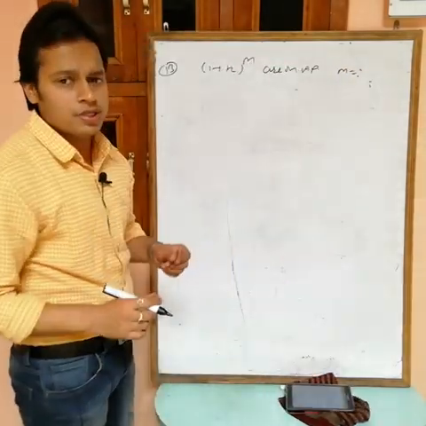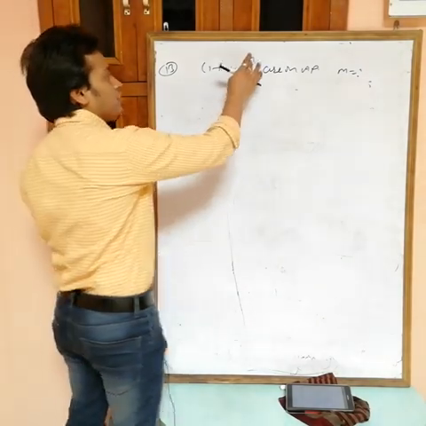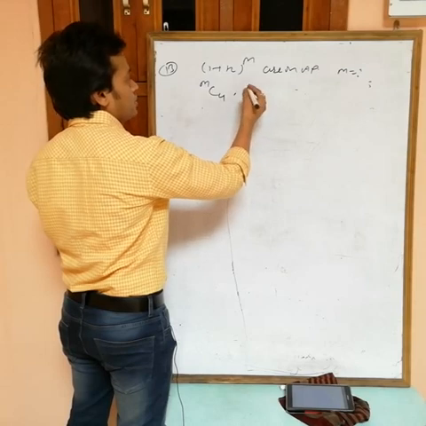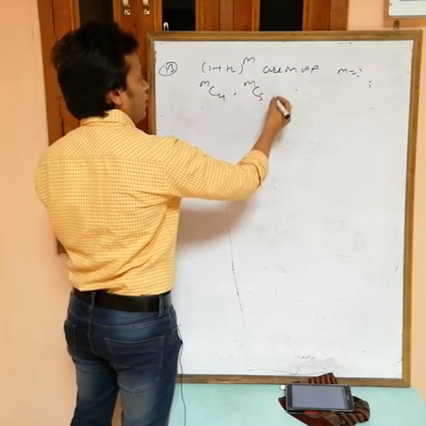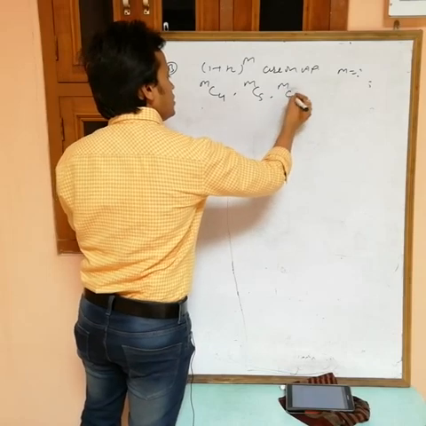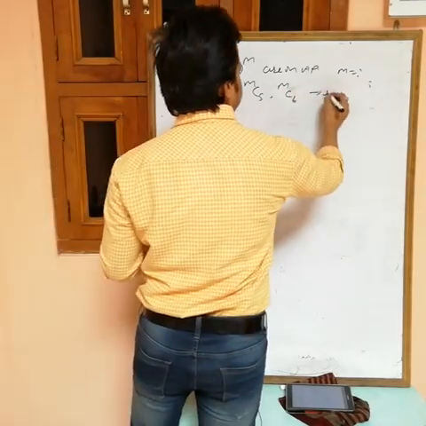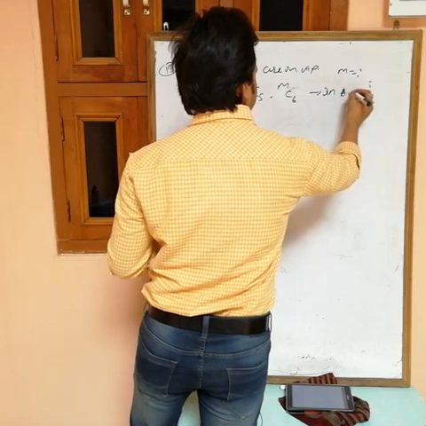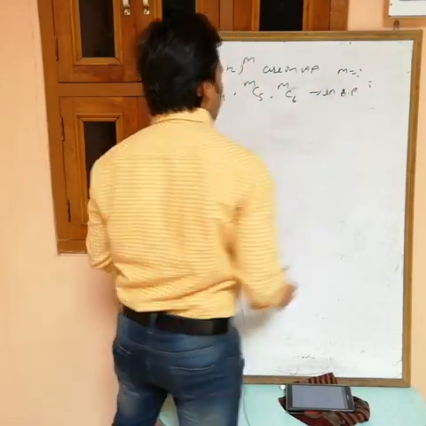Coefficient of the 5th term is mC4. Coefficient of the 6th term is mC5. And coefficient of the 7th term is mC6. These are in AP. Okay, and we want the value of m.